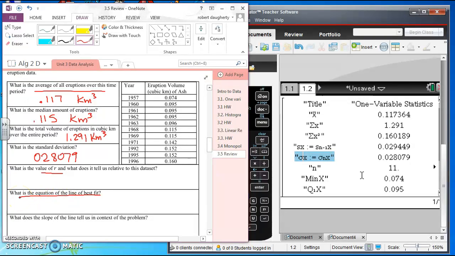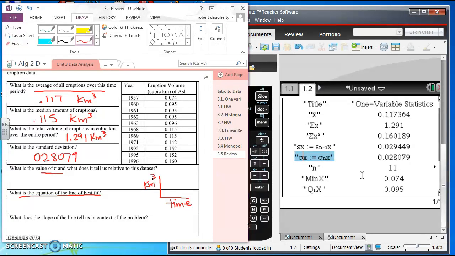To find the line of best fit, I've moved beyond one variable statistics into two variable statistics. So I have to think about it. What's the independent variable here? In this case, it should be time, and then my volume of eruptions. So time should be the x-axis and vertical should be the volume of eruptions.